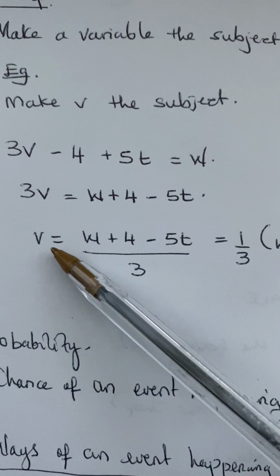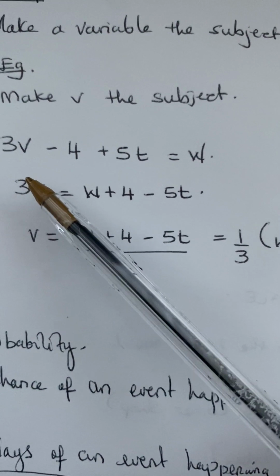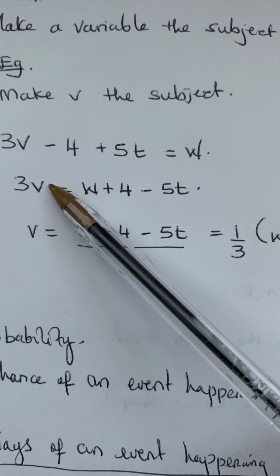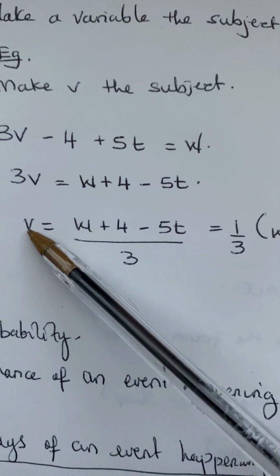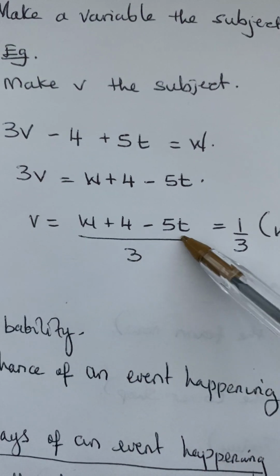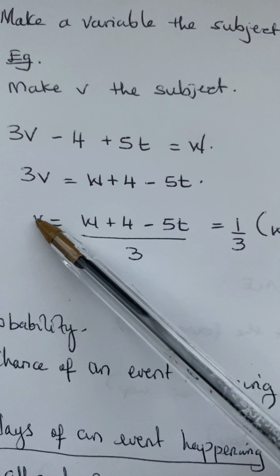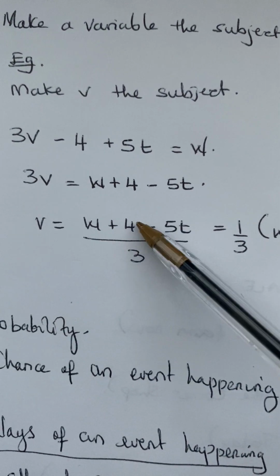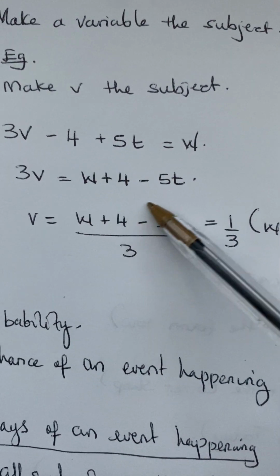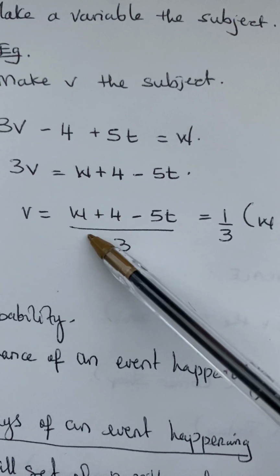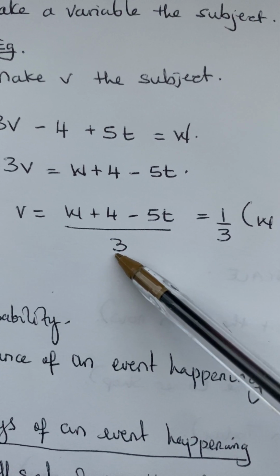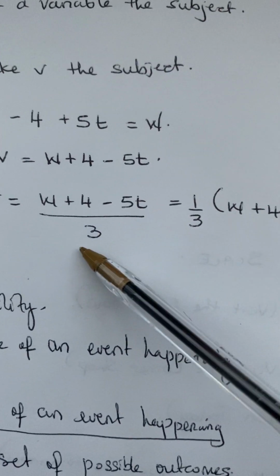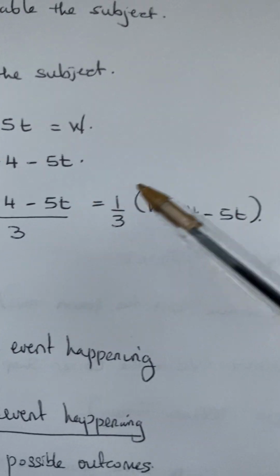Since 3 is multiplying v, we need to divide by 3 on both sides. If we divide by 3, the 3 cancels out. So we have w add 4 minus 5t, all divided by 3.